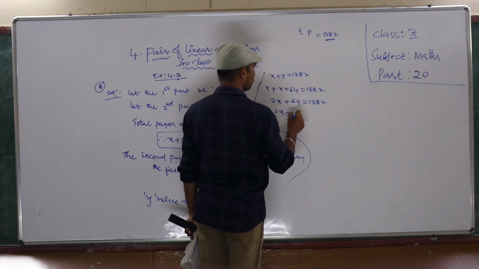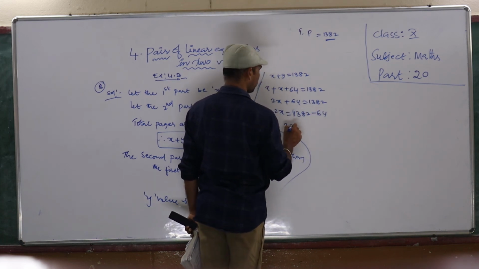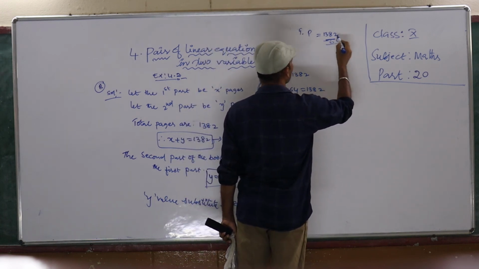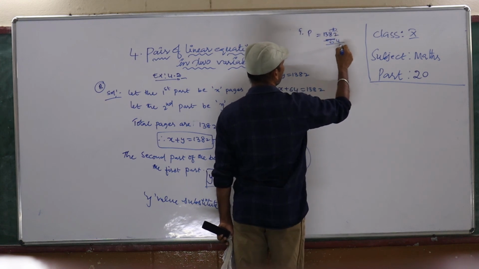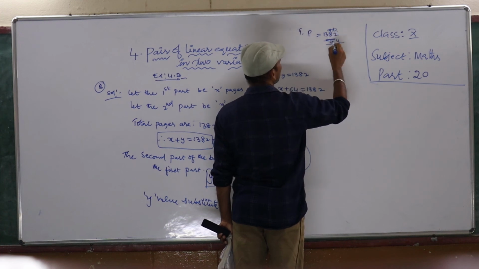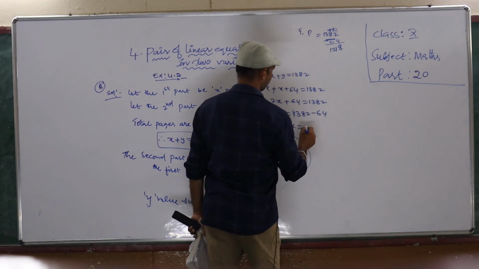Then 2x is equal to 1382 minus 64. So how much? 12 minus 4, 8. 7 minus 6, 1. Then 13, 1318.